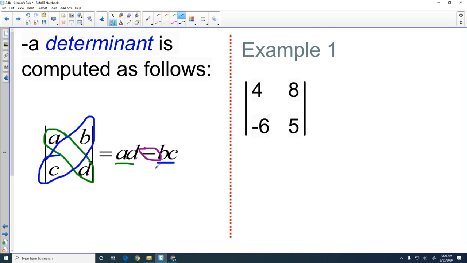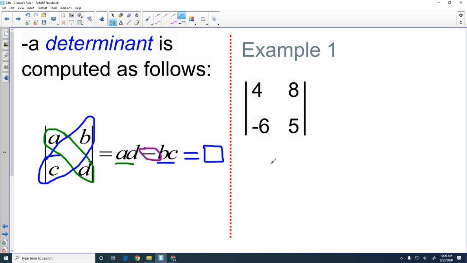You multiply those two sets of numbers, you subtract them, and you get a single number, and that single number represents your determinant. For this new Cramer's rule, we're going to calculate three different determinants, and just by combining those numbers, we're going to get the solution to the system of equations: that x value and that y value. So let's practice it really quickly with this example for calculating this determinant.